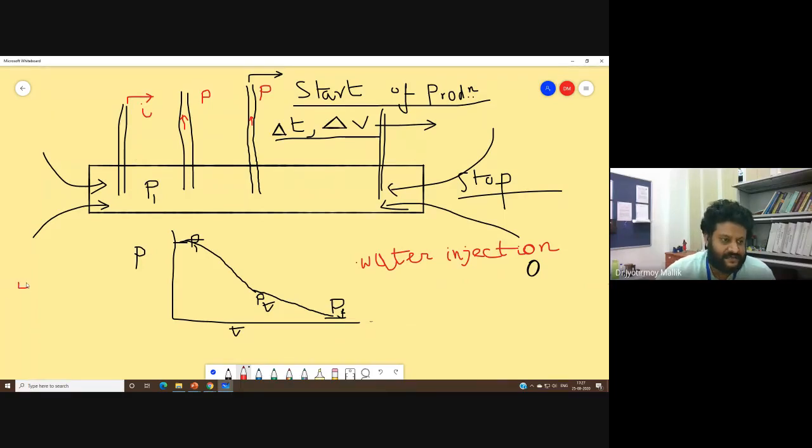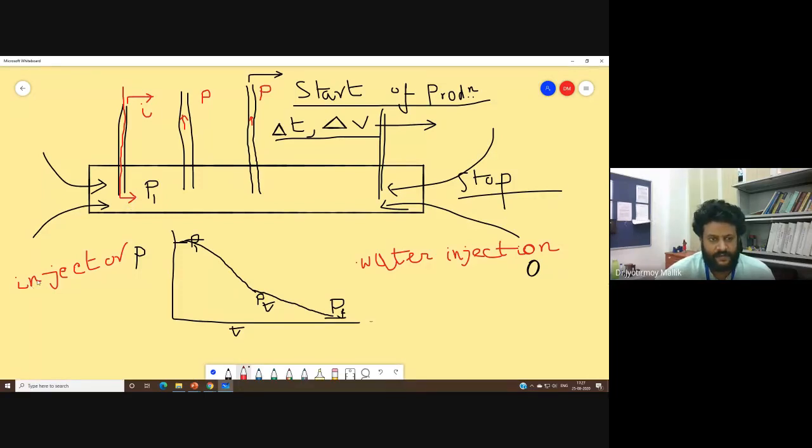I stands for injector here. Injector well. Okay, so what does that mean? That now I will take water from outside and I will forcibly pump it into the reservoir.